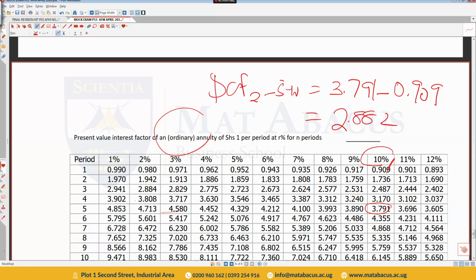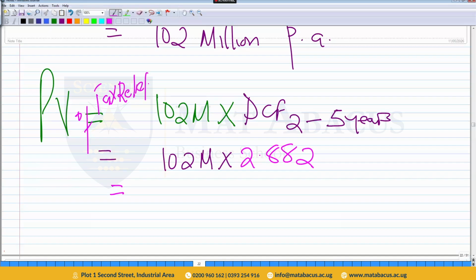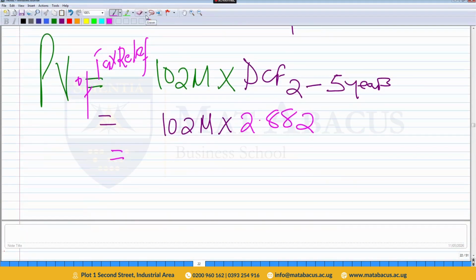That's what I'm going to take here. I will multiply by 2.882. And when you multiply that, the present value of tax relief here, remember we are still dealing with DBL, you are going to get 294 million.